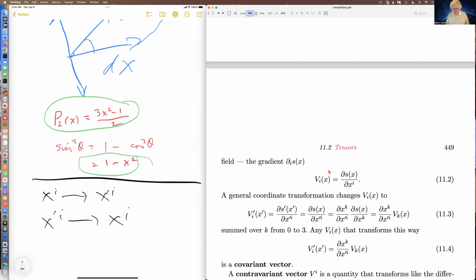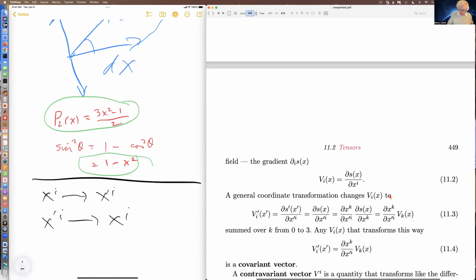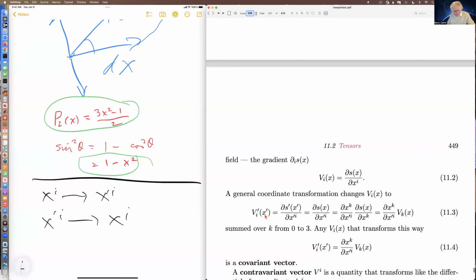a covariant vector. And why is it a covariant vector? Or let us say, how does it transform? Well, it transforms very simply. V prime sub i of x prime is the partial of s prime of x prime with respect to x prime i. So everything's primed here on this side. But then s prime of x prime is s of x because s is a scalar.